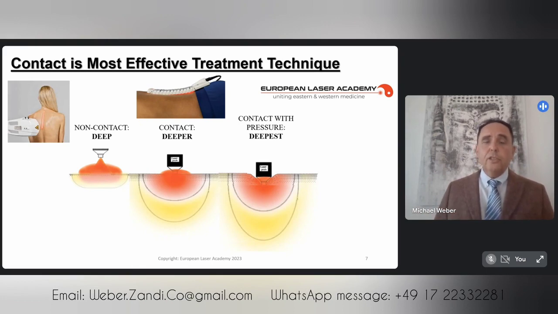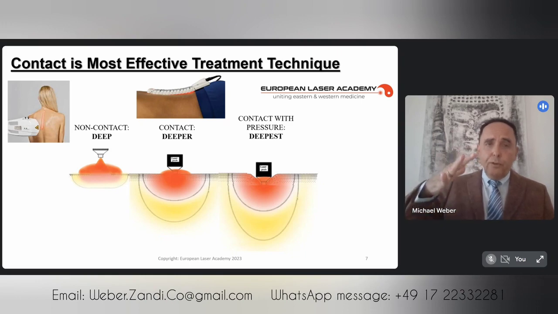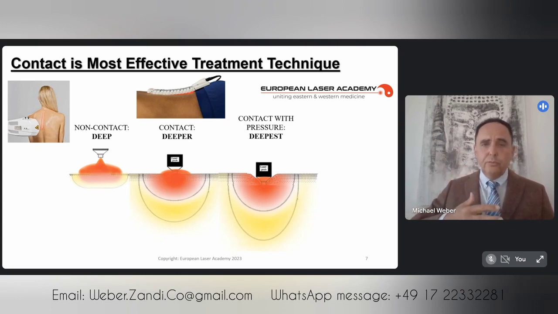If we work with contact, we get good flow of photons down into the tissue. And if we have a pressure effect on the tissue, we can even enhance the penetration. Another piece of information from this cartoon is that visible red light doesn't penetrate as deep as non-visible near-infrared light. The penetration of the near-infrared light is egg-shaped, whereas the red light is somehow bell-shaped.